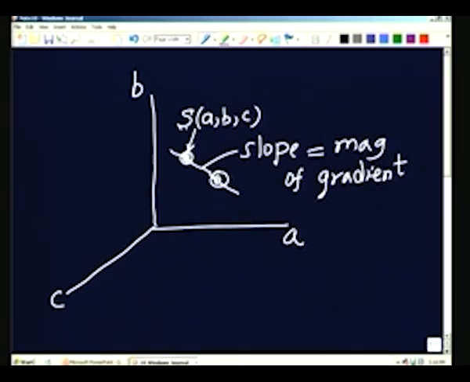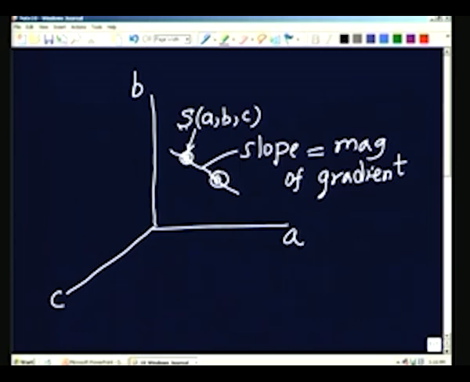So, what I can do is I can find out what is the direction in which it is. We know that the gradient is the direction in which the maximum amount of change will take place, and what I will do is I will go in the direction of reducing value of s.